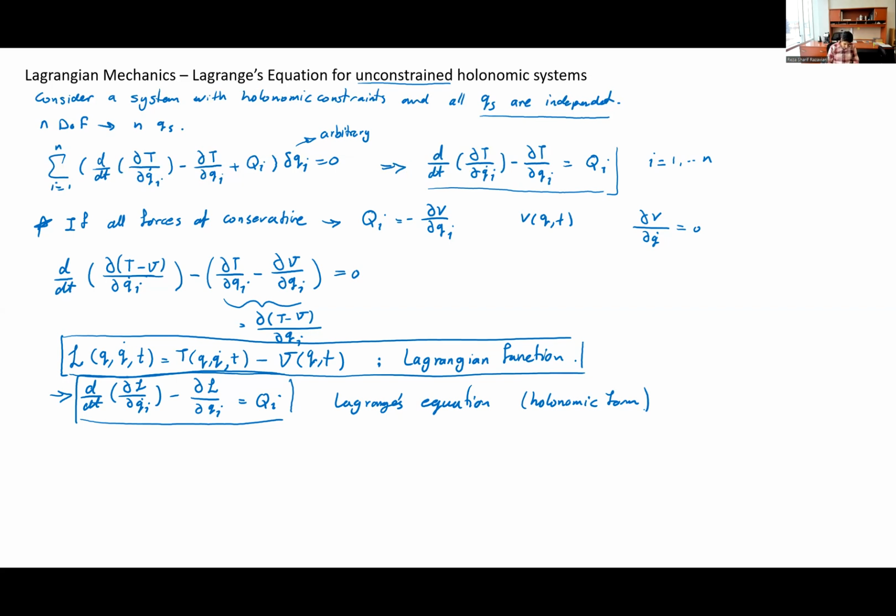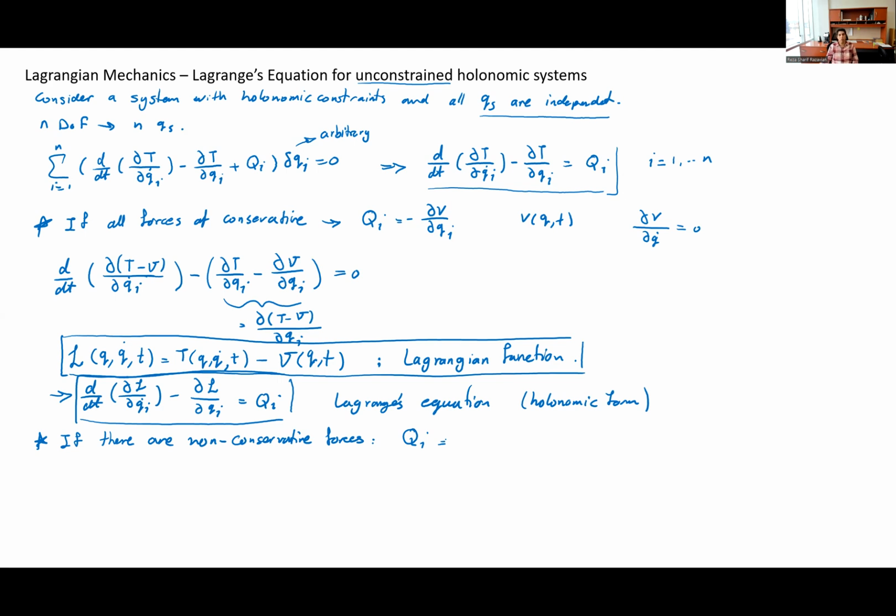And the other case I can consider is if there are non-conservative forces. So in that case, what I can do is write my Qi, separating essentially the conservative and non-conservative forces.